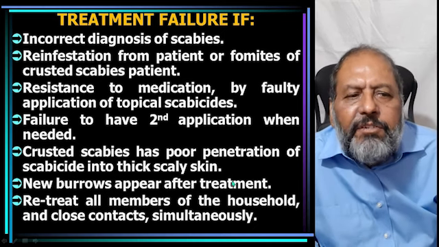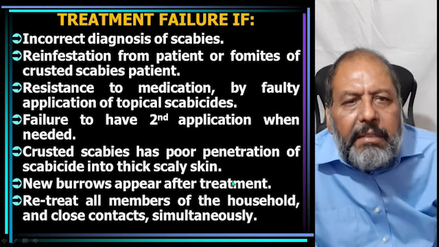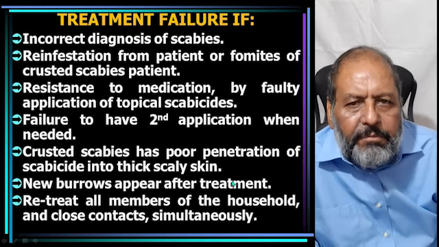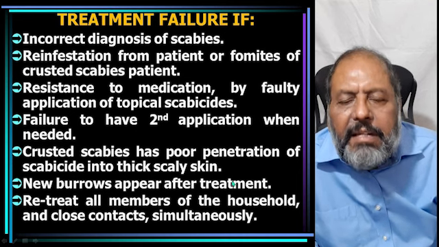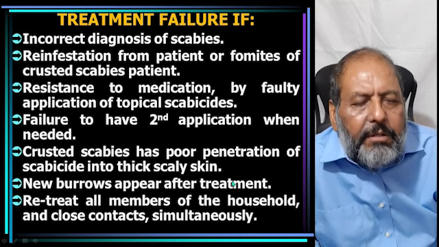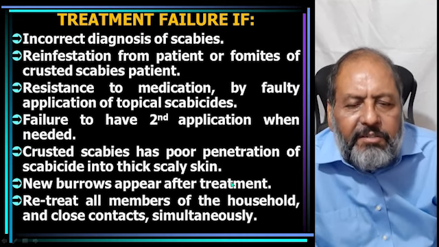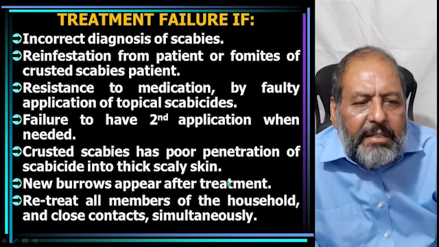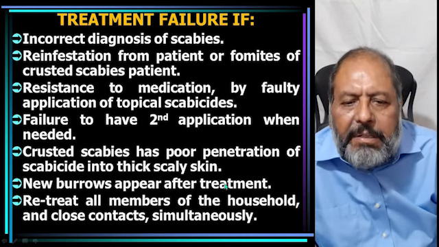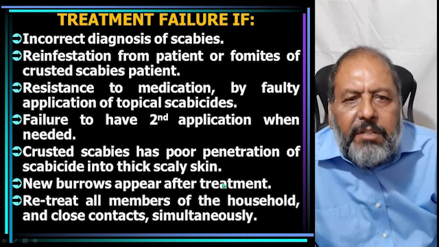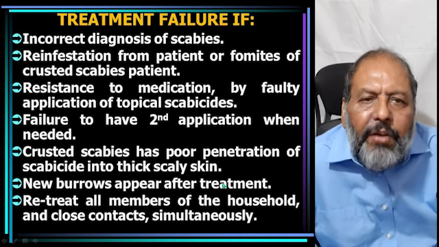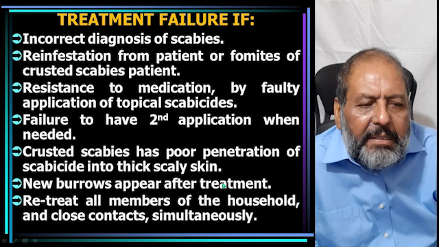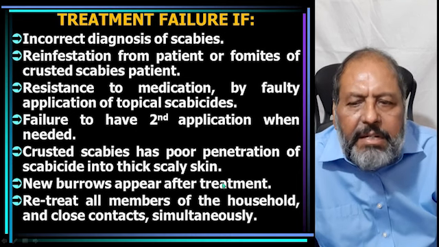Sometimes there is treatment failure if there is incorrect diagnosis of the scabies, or reinfestation from the patient or the fomites of the crusted scabies patient, or resistance to the medication, or faulty application of the topical scabicides, and failure to have a second application when needed.